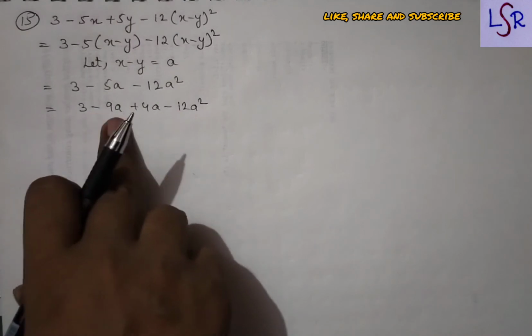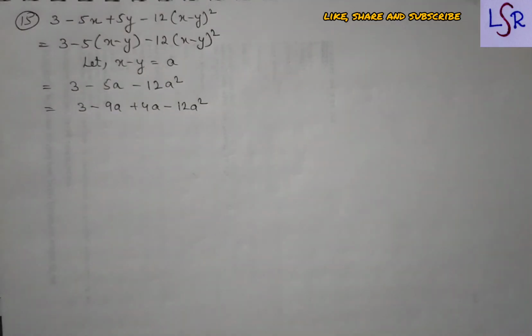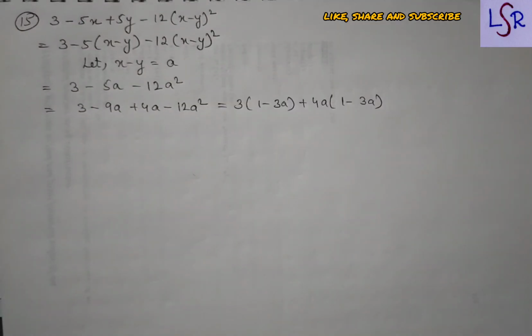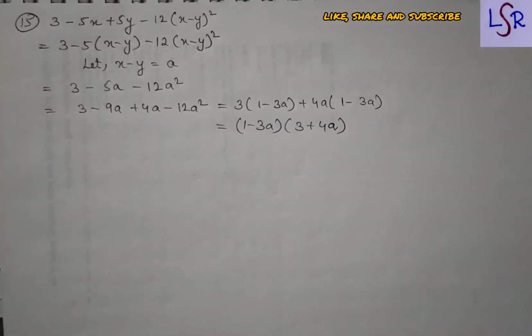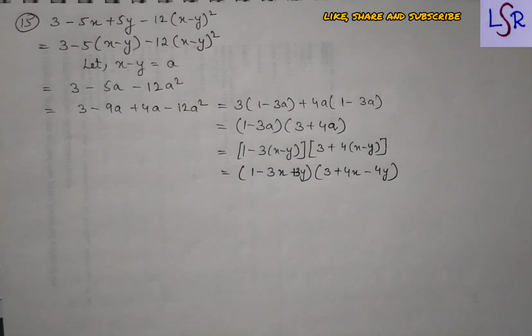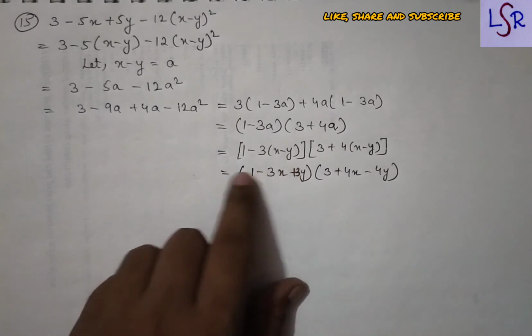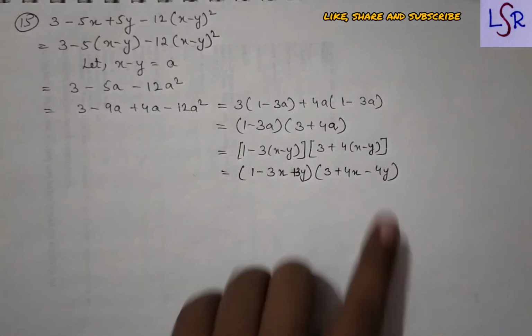Now we are going to take common 3 from the first two and 4a from the last two. After that we can take the bracket as common. Then we can replace the value of a by x minus y. We have first of all replaced it and then we are going to open the bracket and we have got this expression.